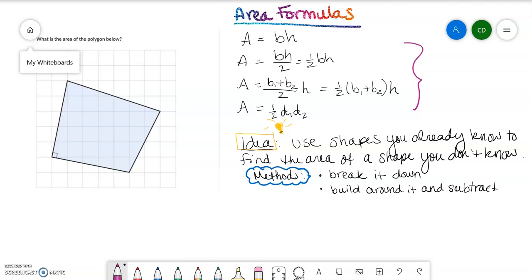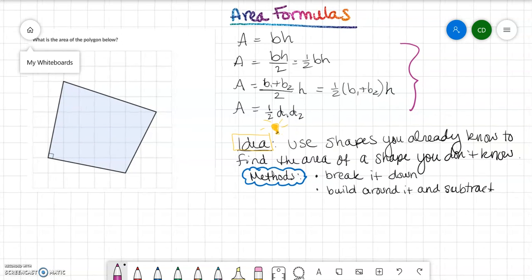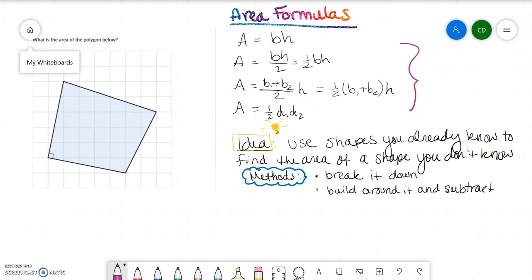So there's kind of two options when you do that. You can either take this picture and cut it up into shapes that you already know how to find the area of. So I could cut it into triangles or cut it into like a rectangle and a trapezoid or whatever it is. That method is not going to work here. But the second method of building around it and subtracting away the stuff we don't want, that's what's going to work here.